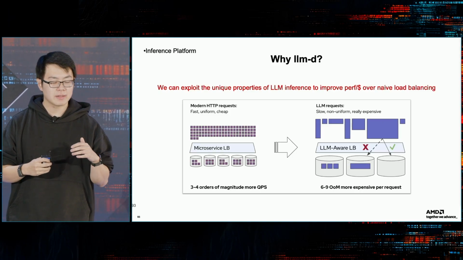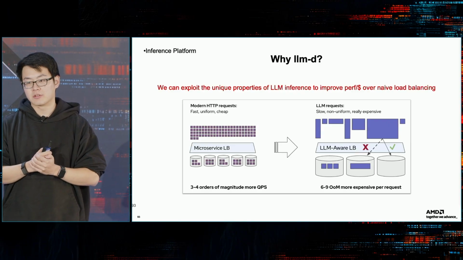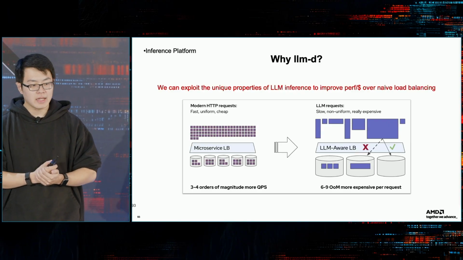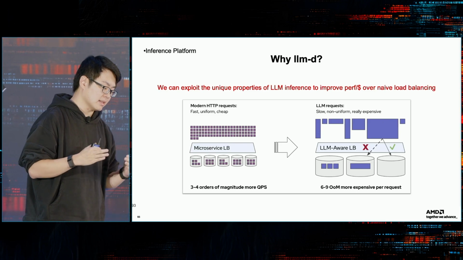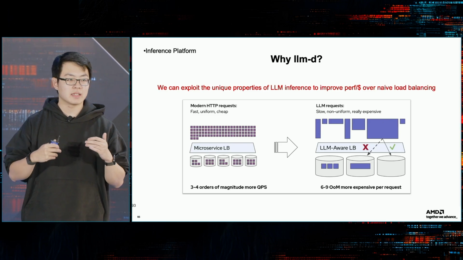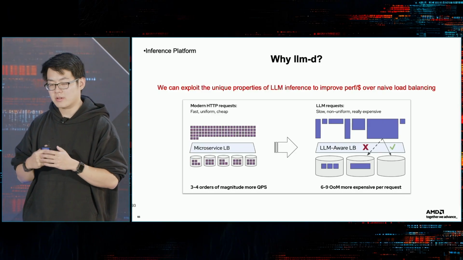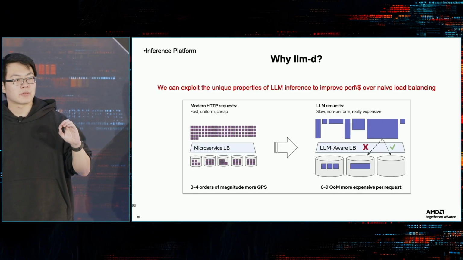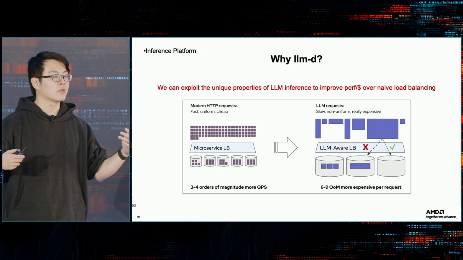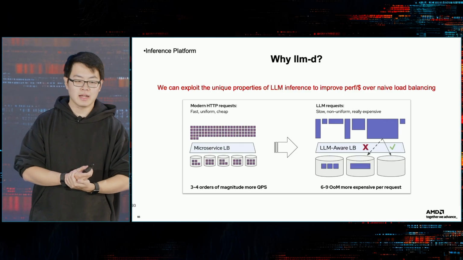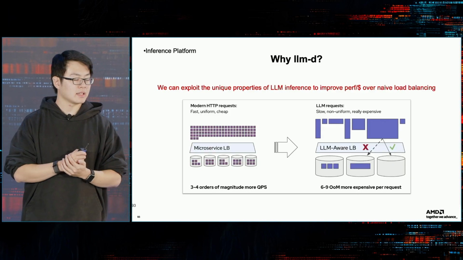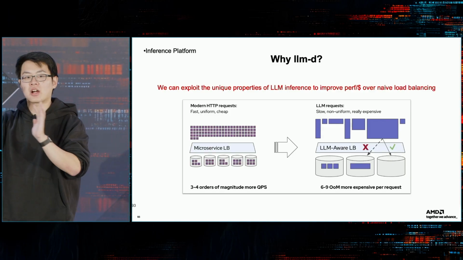llm-d is a Kubernetes native solution to scale and manage vLLM's workload. The reason it exists is that, as of today, before llm-d, there are several projects in the Kubernetes ecosystem trying to target this. But overall, Kubernetes has been designed to scale HTTP requests for web serving and many others. And these typically are fast, uniform, and cheap requests to serve, as you see on the left side. But LLMs are entirely different.